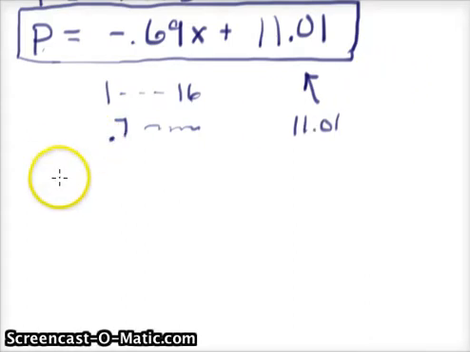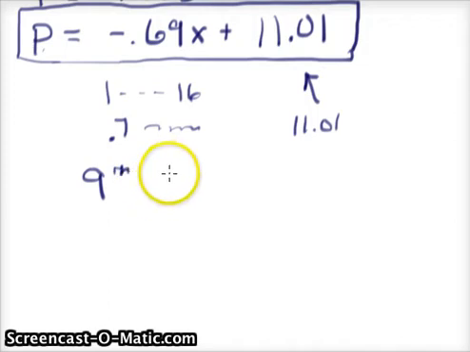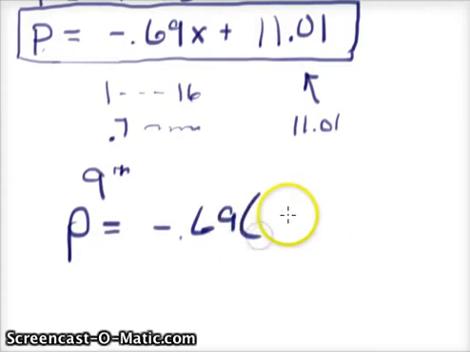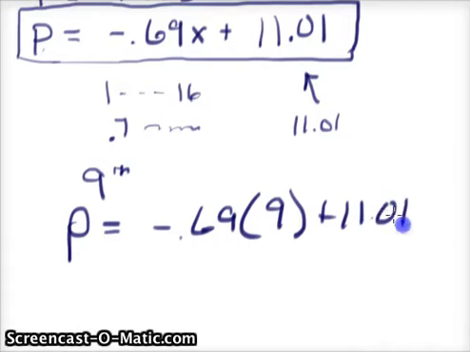Okay? Now, let's just say that we did not have a data item in there, like, for example, someone in the 9th grade. I wonder, given all other things equal, what the person's score would be. That's a good question. So we could do some substitution. P is equal to negative 0.69 times 9 plus 11.01. Okay?